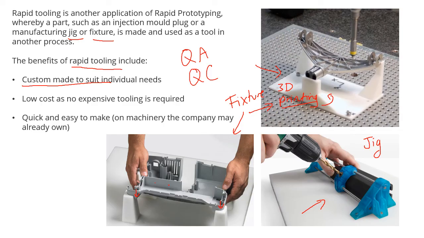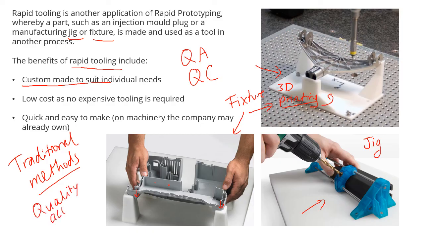So again, another really good example of how 3D printing can be used to aid more traditional manufacturing methods, bringing that more modern edge in to improve things like quality and accuracy, and therefore reducing costs. So reducing costs and upping speed.